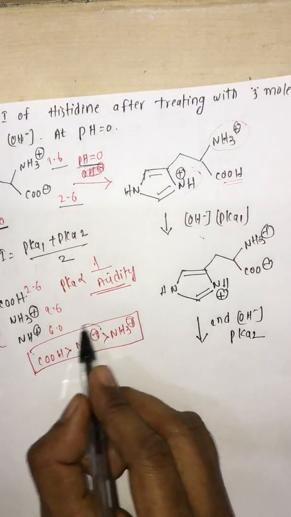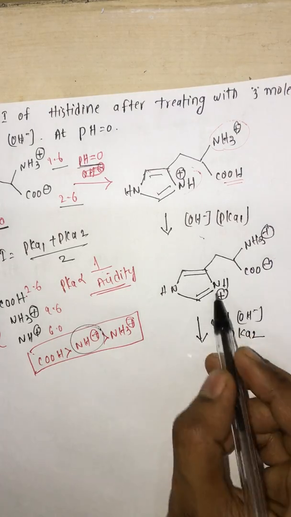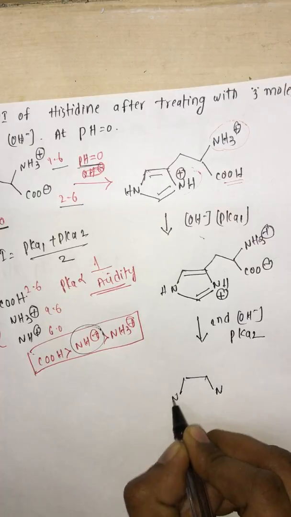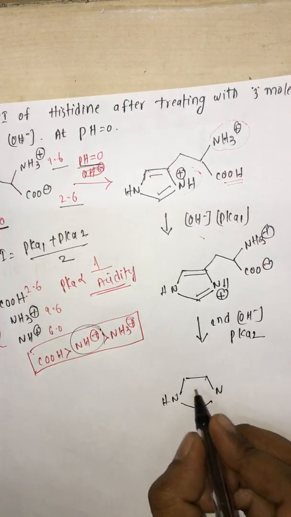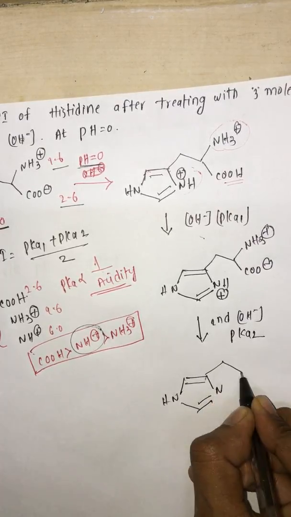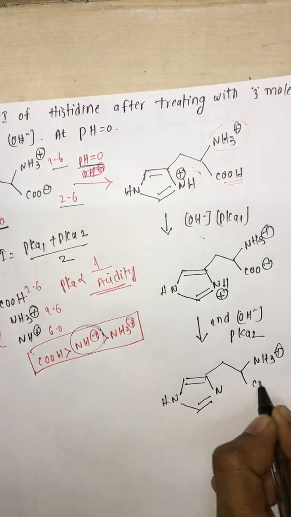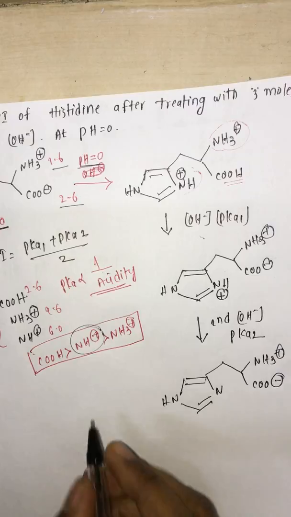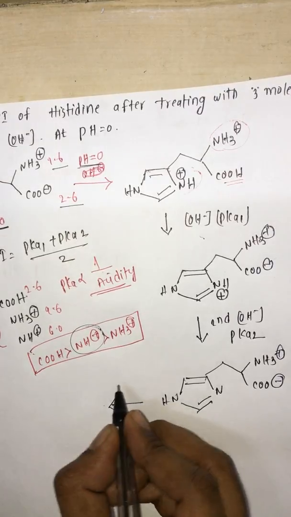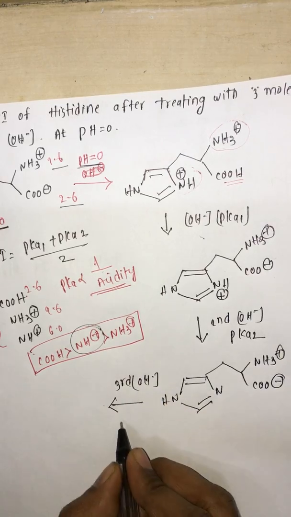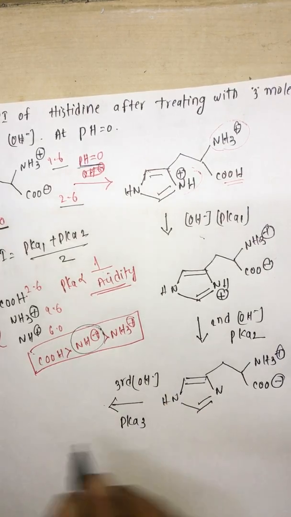We know that the second will abstract the proton from here, giving NH3 plus, COO minus, and then we have a third OH minus, this will be pKa3.